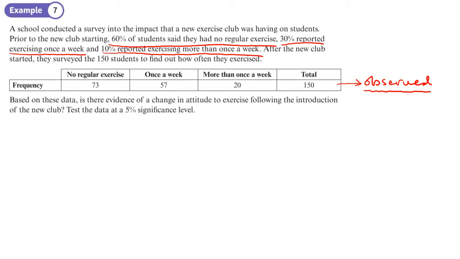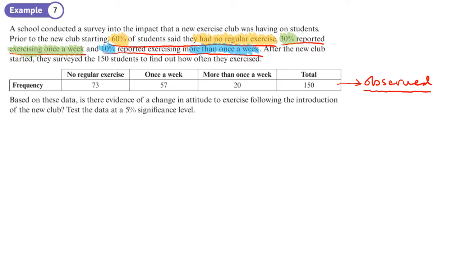Now we're going to compare this to what we expected. Now to work out the expected, we're going to work out 60% of 150 for no regular exercise. We'll work out 30% of 150 for exercising once a week, and 10% for those exercising more than once a week.